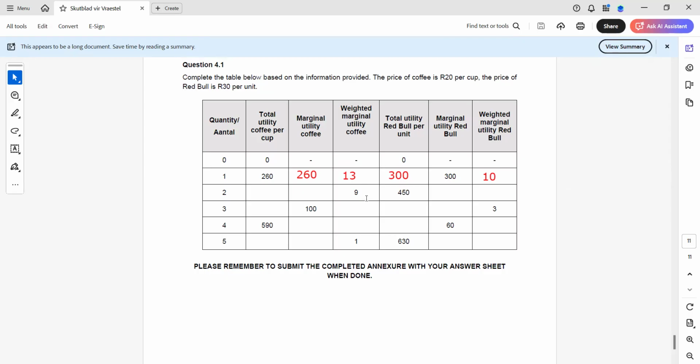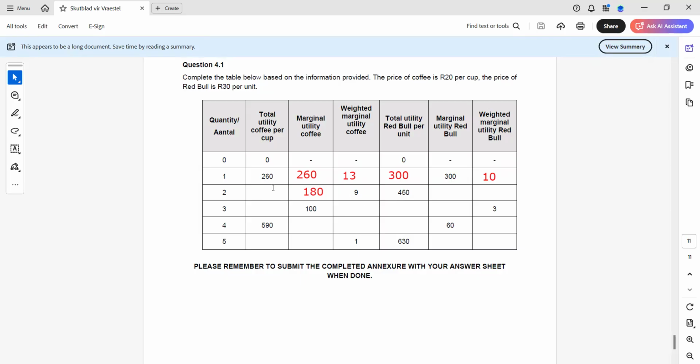So to go back, to get this missing part here, you say 9 times 20. If you say 9 times 20, you get 180. So your marginal utility is 180. Let's just check and see if we get 9. If you say 180 divided by 20, you get 9. So our answer is correct.